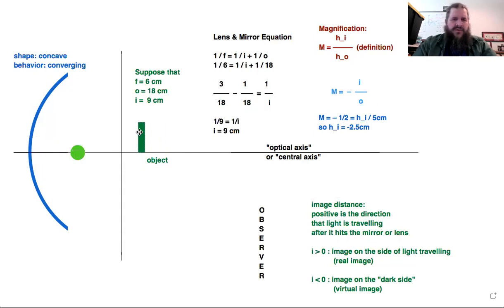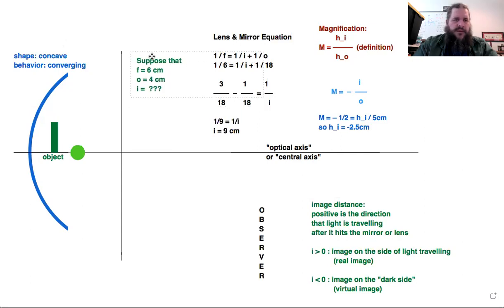If we move the object around, that's going to change where the image is and how big the image is. But let's go to the extreme. Let's put the object really close to the mirror and try drawing out those rays of light. Let's say the object is at maybe 4 centimeters. And we may have to move this a little bit.